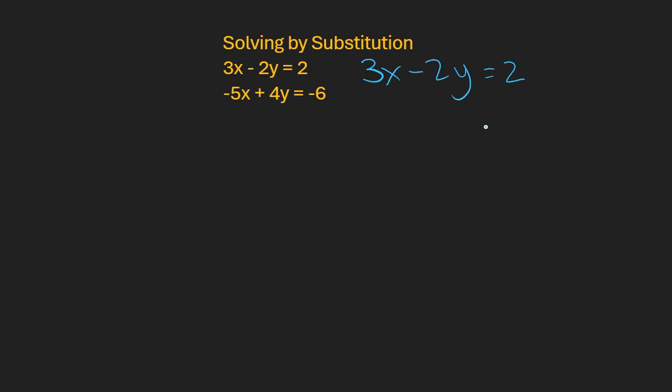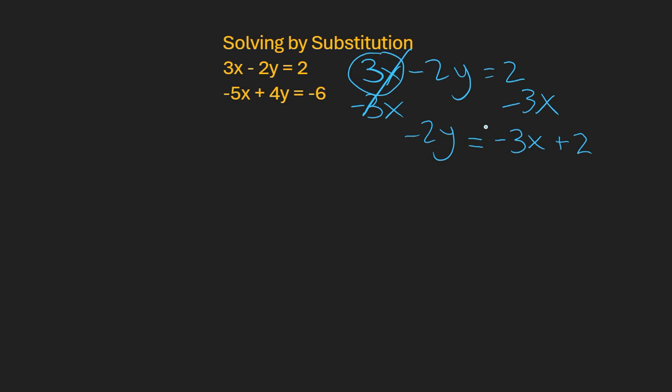I want y by itself, so I'm going to take this and subtract it from both sides. That's gone. I want to keep this in that slope-intercept form, so I'm going to put the x term in the front and the constant term at the end.